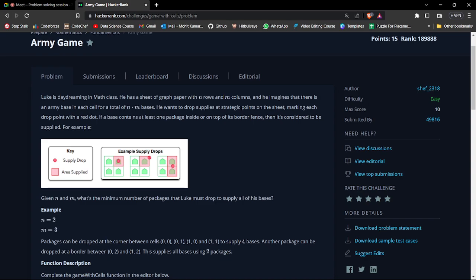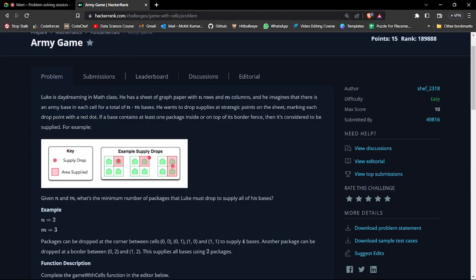The question says that Luke is daydreaming in math class. He has a sheet of graph paper with n rows and m columns, and he imagines that there is an army base in each cell, for a total of n cross m bases.